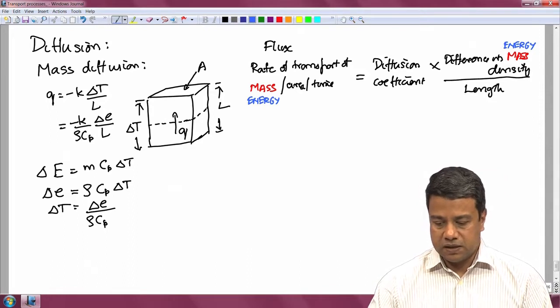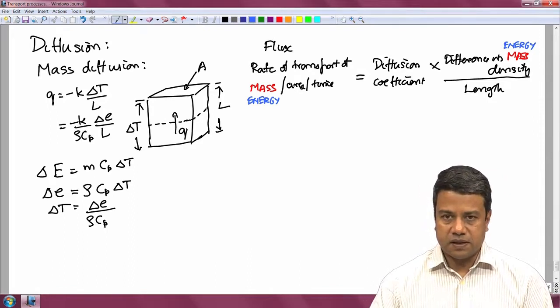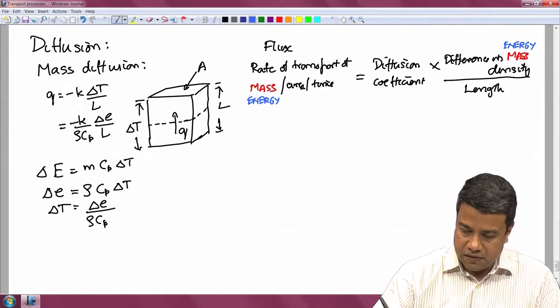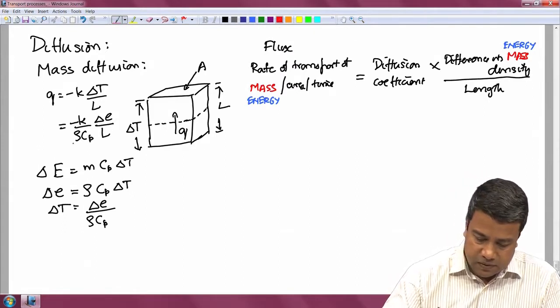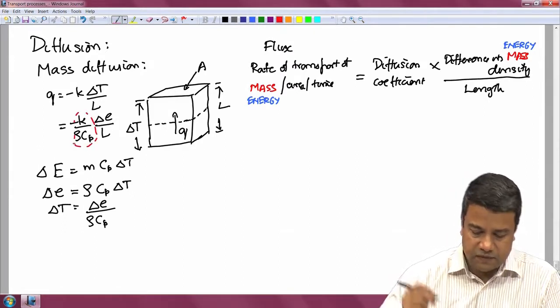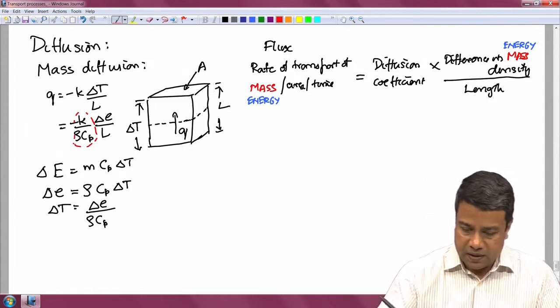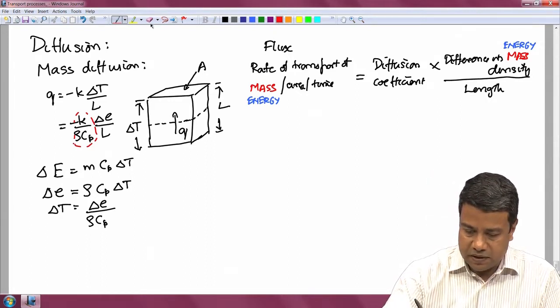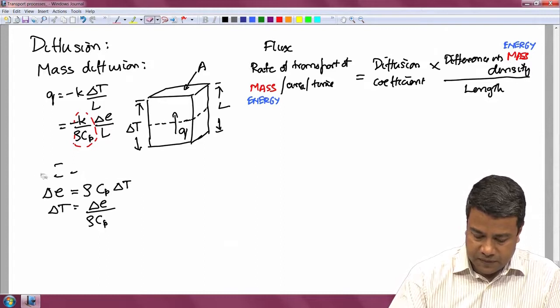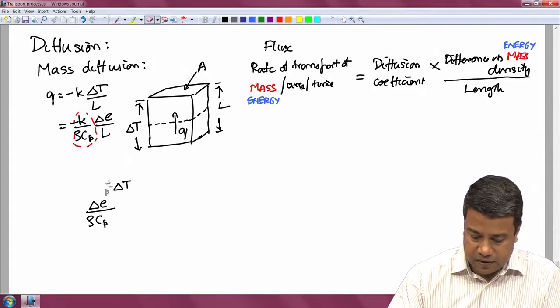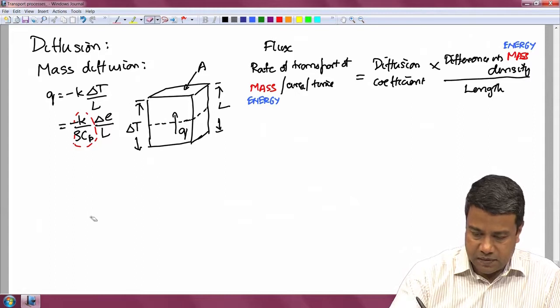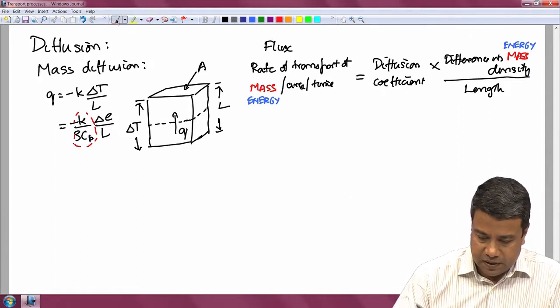Since I have energy on the left side and energy on the right side, this diffusion coefficient has to necessarily have dimensions of length square per unit time. So, this is basically a diffusion coefficient for energy, a thermal diffusivity, if you will. It is often represented by the symbol alpha.